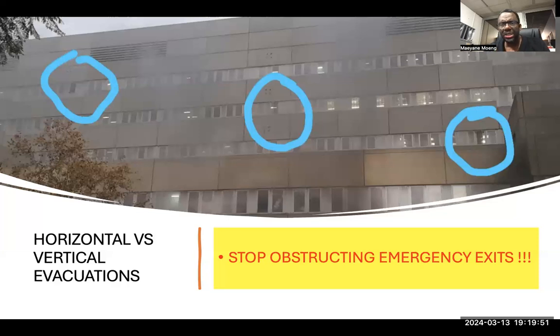And it is important for all of us to make sure that those emergency exit points are not obstructed by anything. It is forbidden to leave old furniture in that area. It is forbidden to allow paperwork and cabinets to obstruct that route.